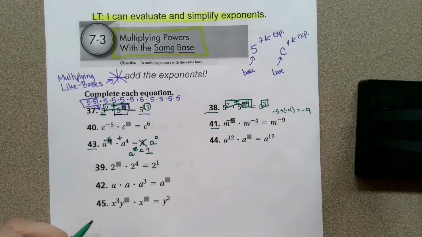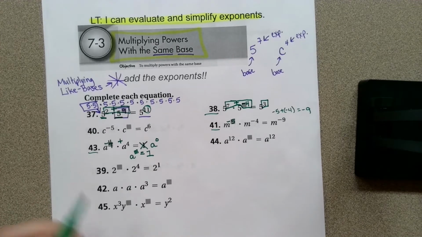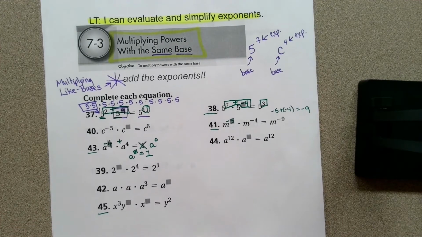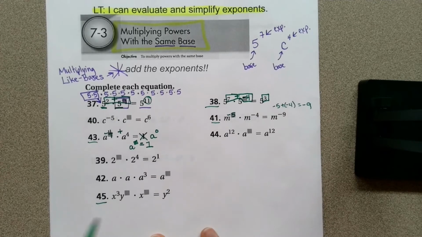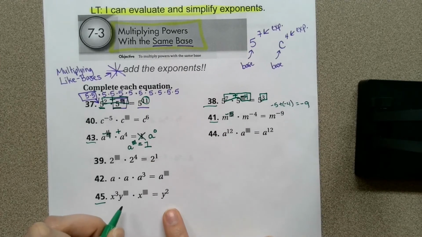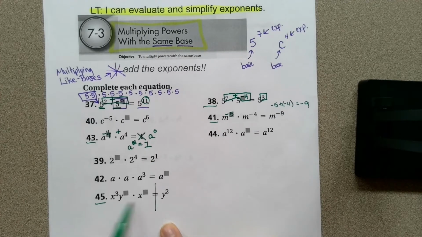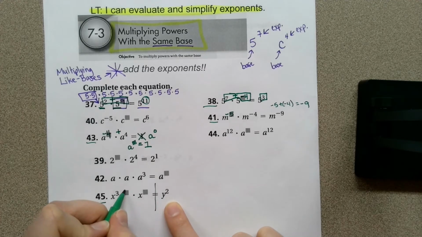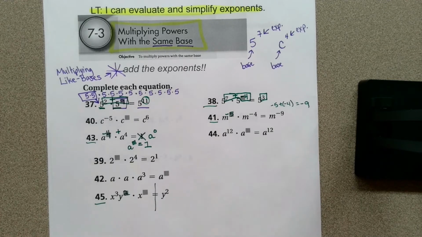If we jump down to number 45, you'll notice that in this one specifically, there are different types of variables. We have x variables and we have y variables. If we start with the y, on the left side of our equal sign, there's only one of them with y. So we know that there's nothing to add together. That has to be a 2.